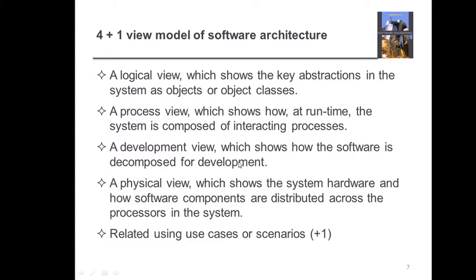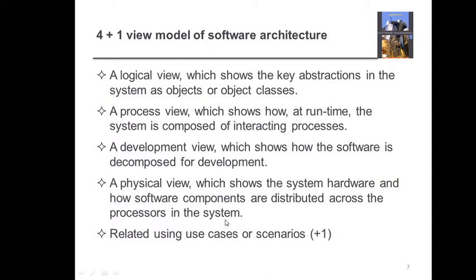Development view represents the software. Like we divide our software into modules and submodules. So this development view shows how the software is decomposed for development, while a physical view, as the name suggests, shows the system hardware and how software components are distributed across the processors in the system.